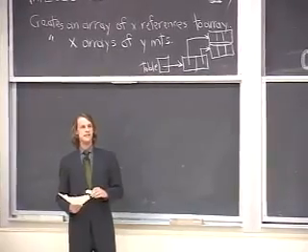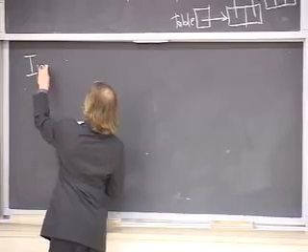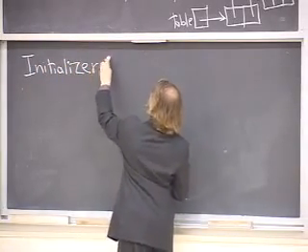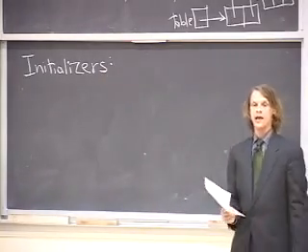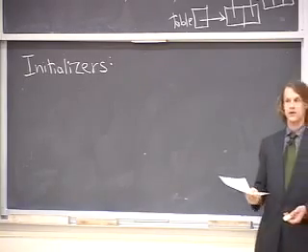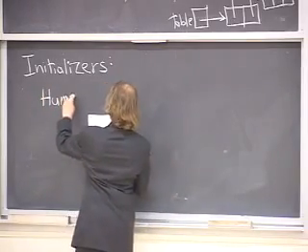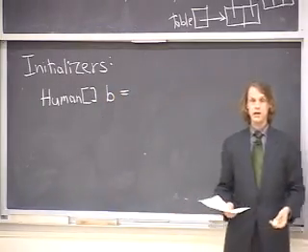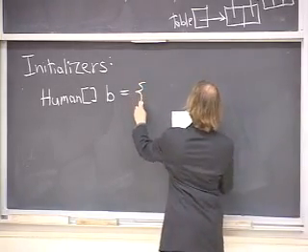Another way to create arrays of arrays inadvertently is by using initializers. An initializer is any case where you declare a variable and assign something to it at the same time. And Java will let you do some special kinds of assignments in initializers that you can't necessarily do in plain old assignment statements. So for instance, I can declare an array of humans, and while I'm doing it, I can actually specify what that array of humans is going to be, and Java will create an array for me.